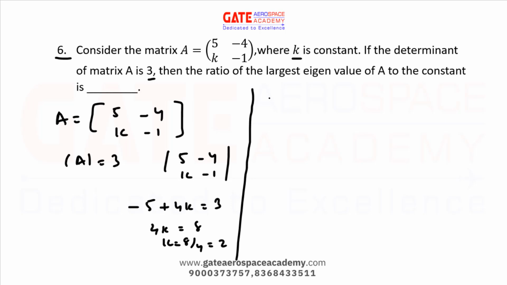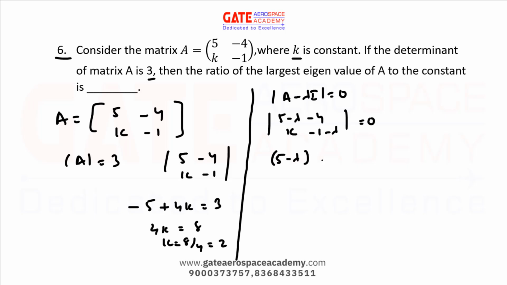Now we know how to find eigenvalues. We have to use the characteristic equation, determinant of A minus lambda I equal to 0. Now if I take 5 minus lambda, minus 4, k, minus 1 minus lambda equal to 0. So this is nothing but 5 minus lambda into minus 1 minus lambda, minus minus 4k. So this will be plus 4k equal to 0. Okay.